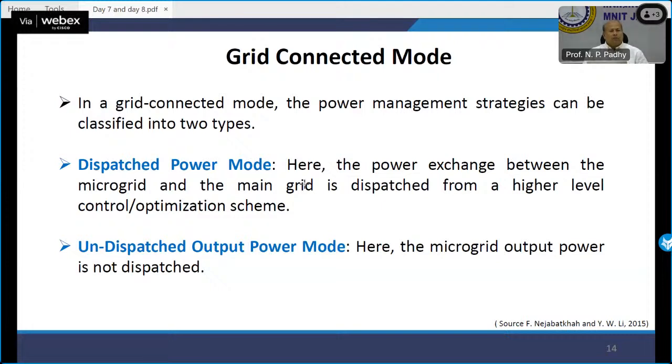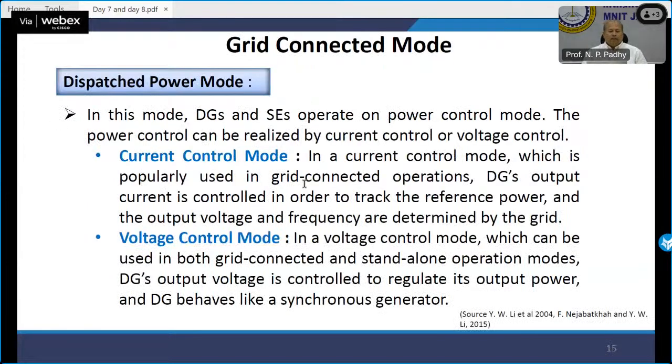That is basically known as dispatch power mode. However, in case of undispatched output power mode, the microgrid output power is not at all dispatched. Undispatched means the microgrid is not going to dispatch any power to the main grid at any given point of time. Now, in this mode, DGs and storage energy devices operate in power control mode.